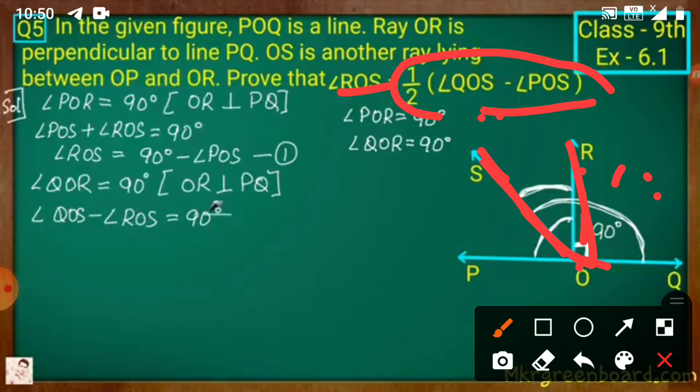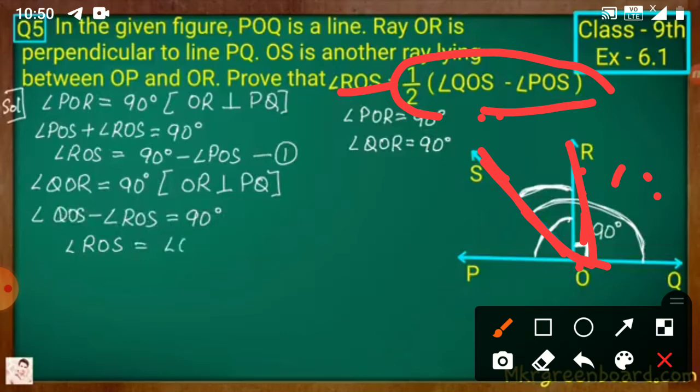Okay, next. Now ROS keep this side. ROS equals, see children, 90 this side coming means minus 90. Angle QOS minus 90.